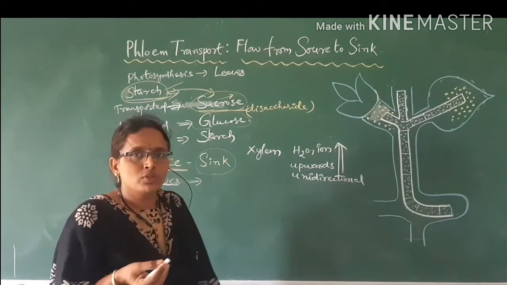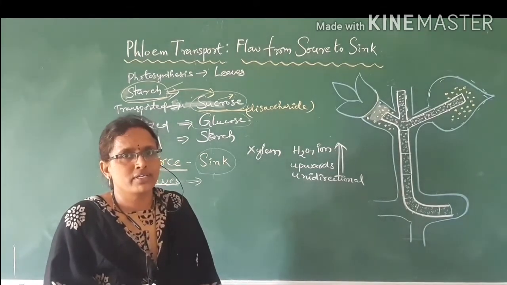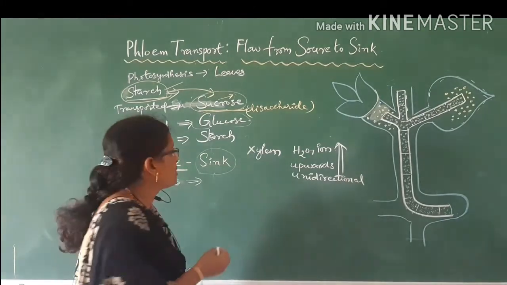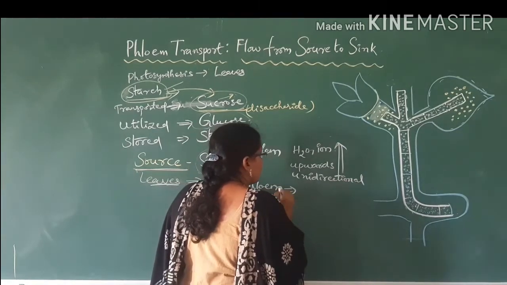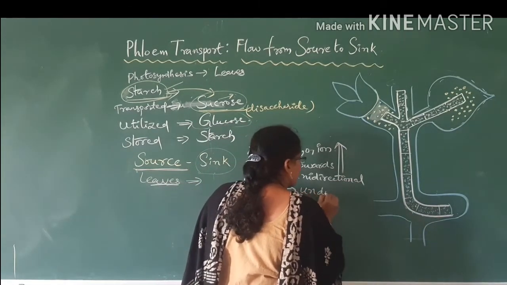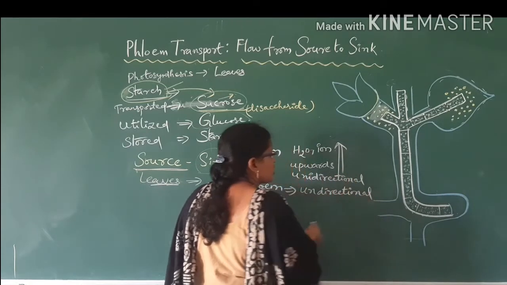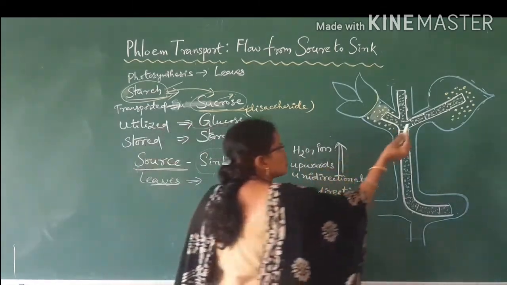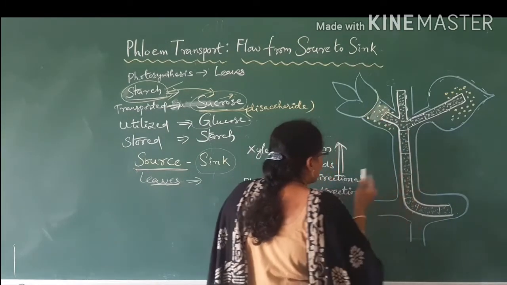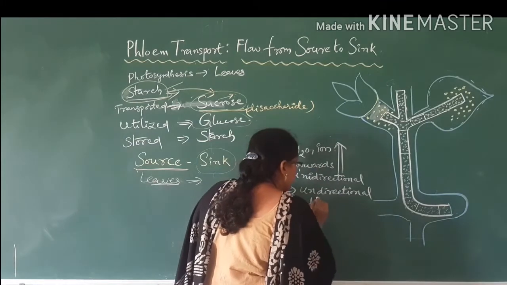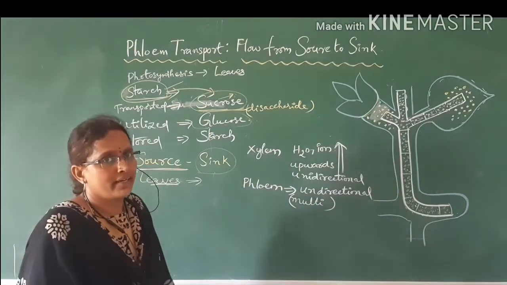They may be transported to the leaves, stem, roots, flowers. So the direction of food traveling in the phloem is not unidirectional. It can move any side, upside or downside. In other words, it is multi-directional.